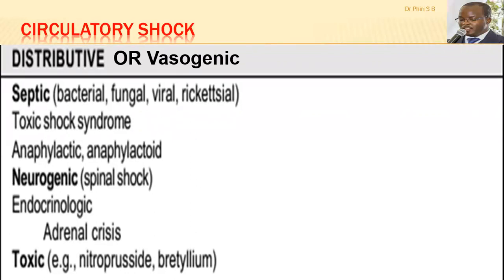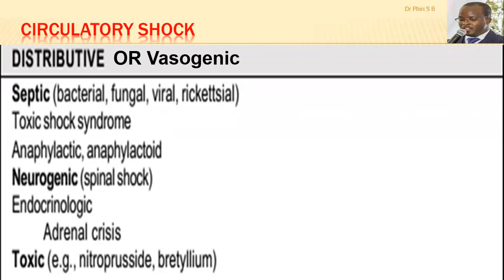Then you can also have endocrinologic shock. The endocrinologic shock is due to the endocrine system. In this case, you can have adrenal crisis. The adrenal gland produces a lot of hormones, you have cortisol, you have catecholamines. So when you have adrenal crisis, you are reducing the production of catecholamines, you are also reducing the production of cortisol.